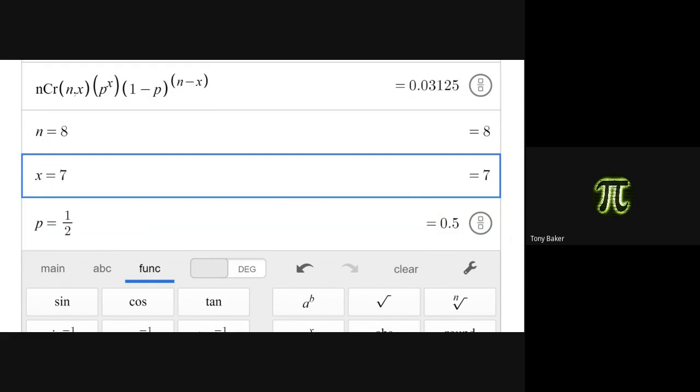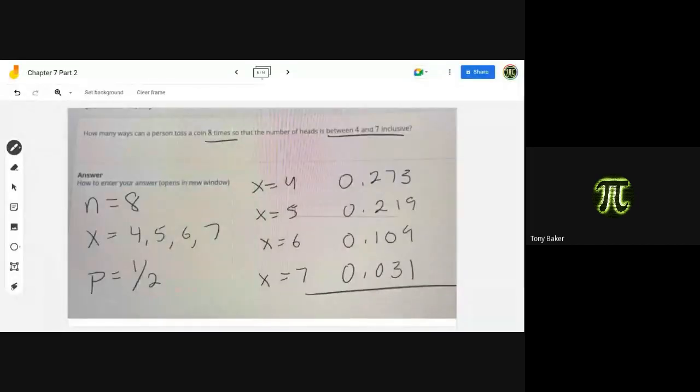And then what do you think we do to those? We add them up. What was the first one? 0.273.